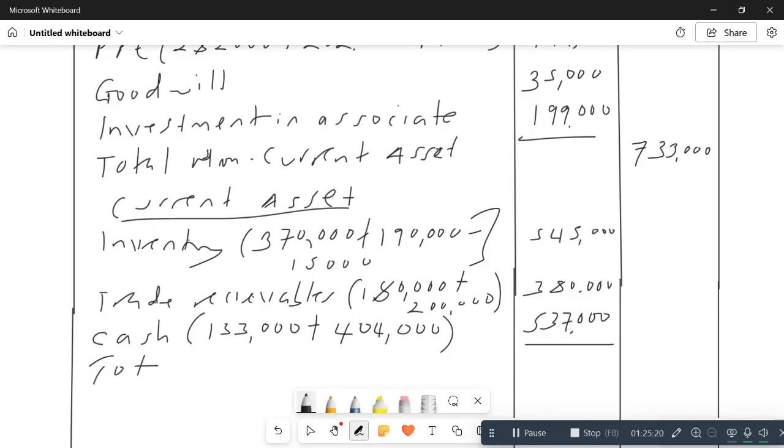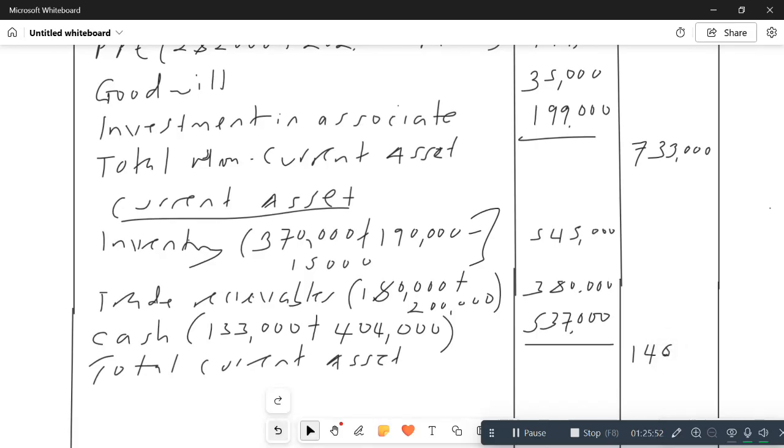Let's try to get total current asset. Total current asset, we shall add 545 plus 380 plus 537, which is 1,462,000.